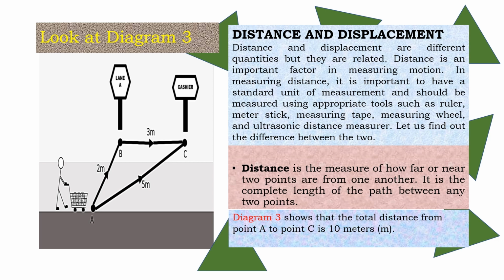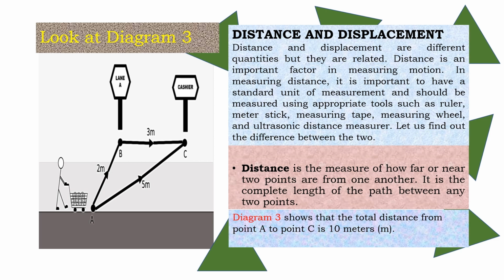Look at diagram number 3. What is the unit of measure used? Right, to complete the path between 2 points. All right, meter. Meter is used as a unit of measure in measuring distance.